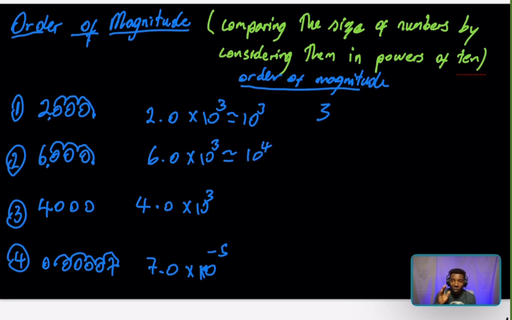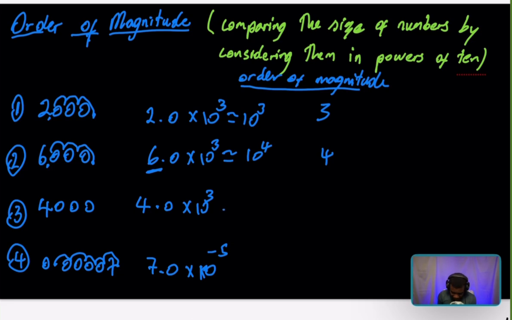Why is that so? That is because the 6 value is closer to 10, which would be the next power of 10, than it is to 1. So we have to round up the order of magnitude by 1. We increase the power by 1, which gives us an order of magnitude of 4 for this one.